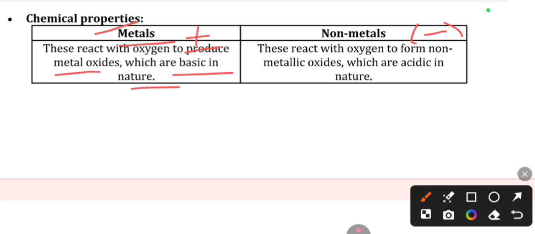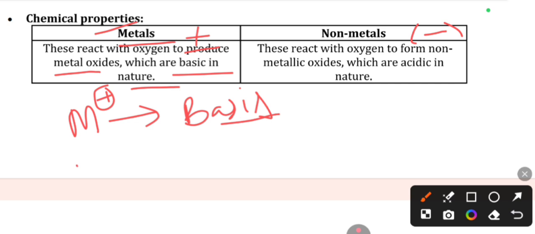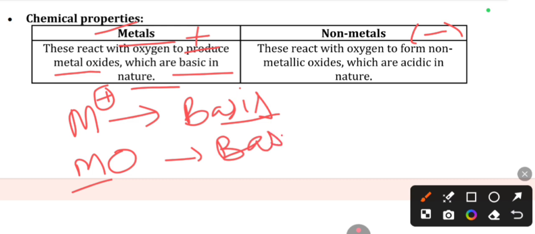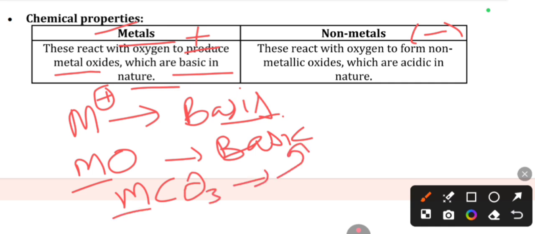For example, metals carry positive charge, and this word we are using, it is basic. Which word? Metals. Metal oxide. In metal oxide also we are using metal, so it is also basic. Metal carbonates. Here also we are using the word metals, it is also basic.